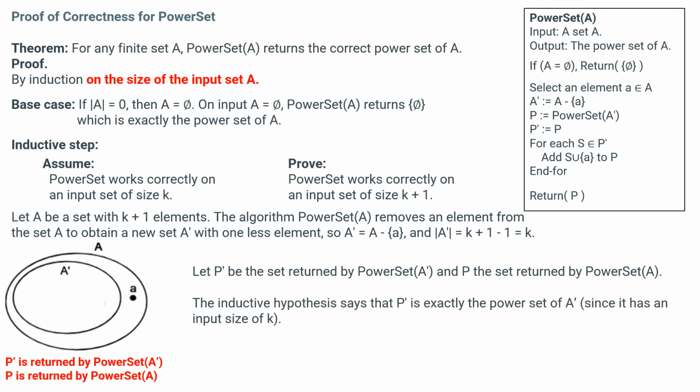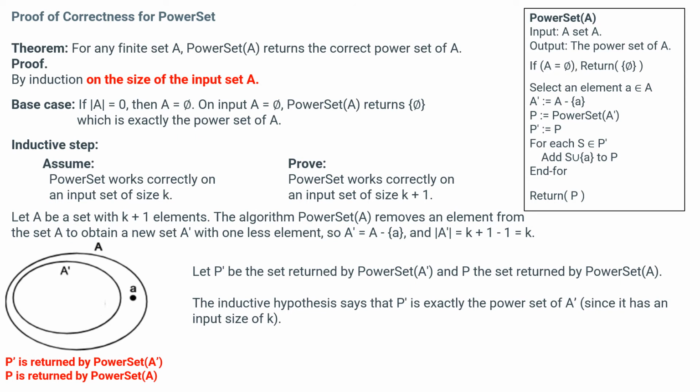Now, what would the inductive hypothesis say? Well, it says that P prime, remember, that's what gets returned on the set A prime once we've taken an element away, is exactly the power set of A prime, right?